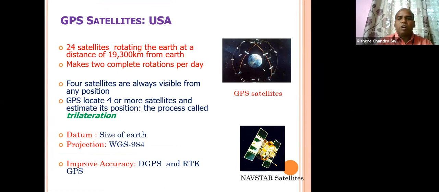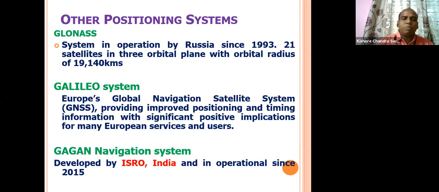And with this GPS system, you can even improve accuracy using systems like differential GPS. Because if you see in mobile phones, when you get better mobile phones, you get better accuracy. Even if you go to the left side of your road, it will tell you that you are going away from your destination. So that accuracy level we can get with better GPS systems in mobile phones and even in the farm sector.